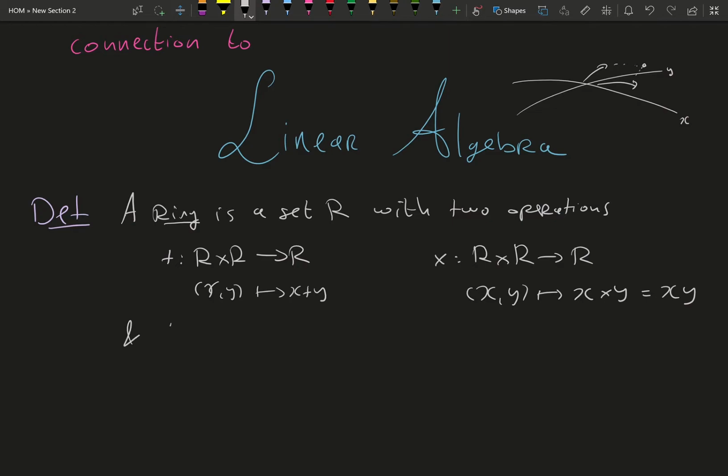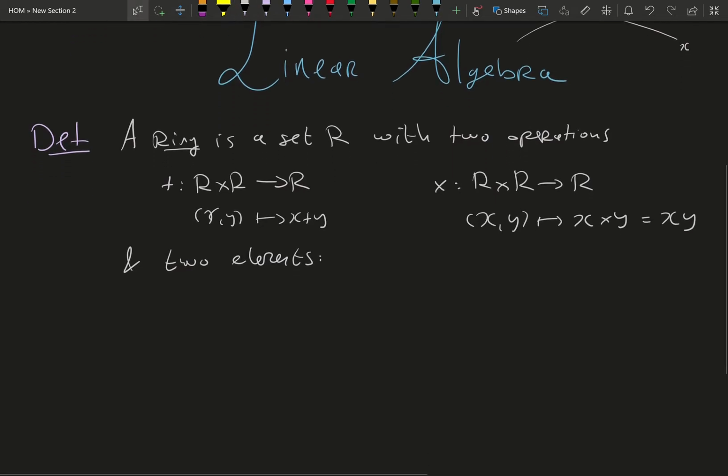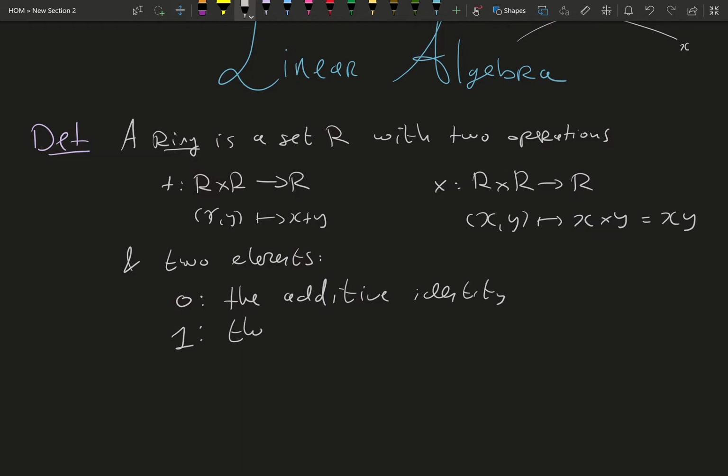And we have two elements, and these are the 0, which is the additive identity. That's just a name. And 1 is the multiplicative identity.